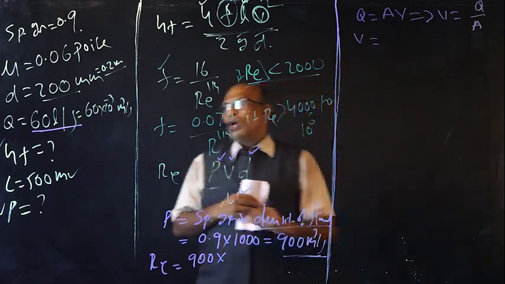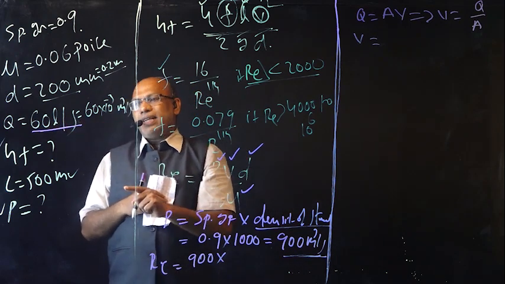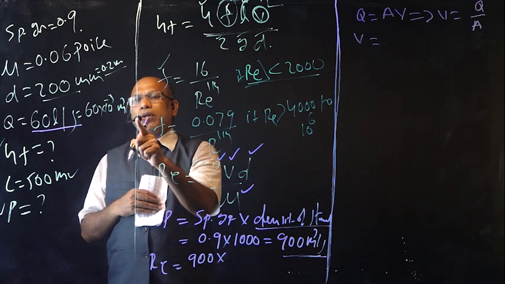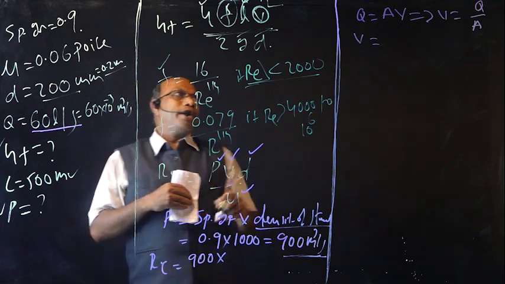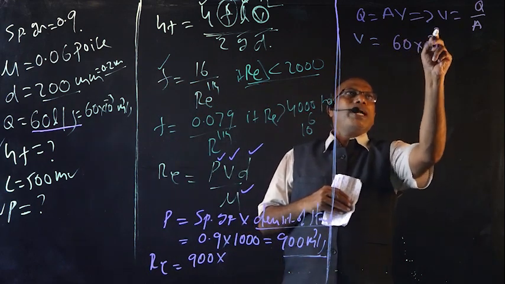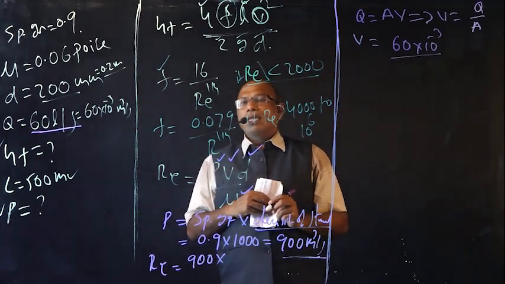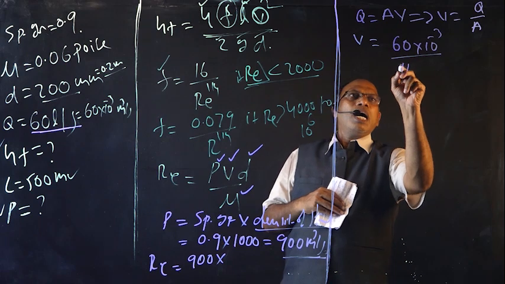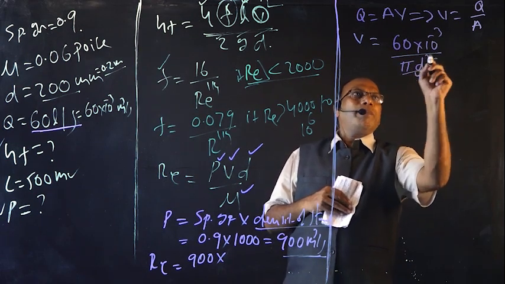What is Q? Q is given, 60 liters per second. That converts into meter cube per second, that is 60 into 10 power minus 3 meter cube per second, divided by the area. What is the area formula? Pi d square by 4, where D is the diameter of the pipe.